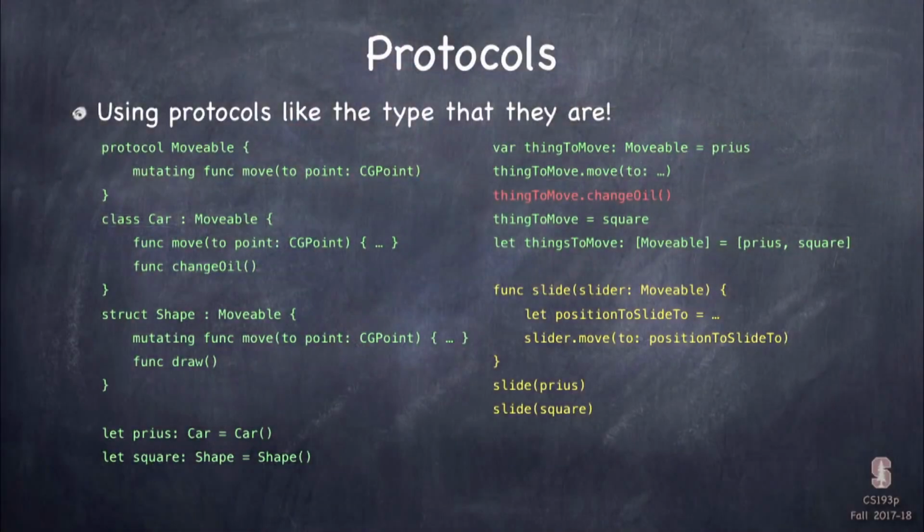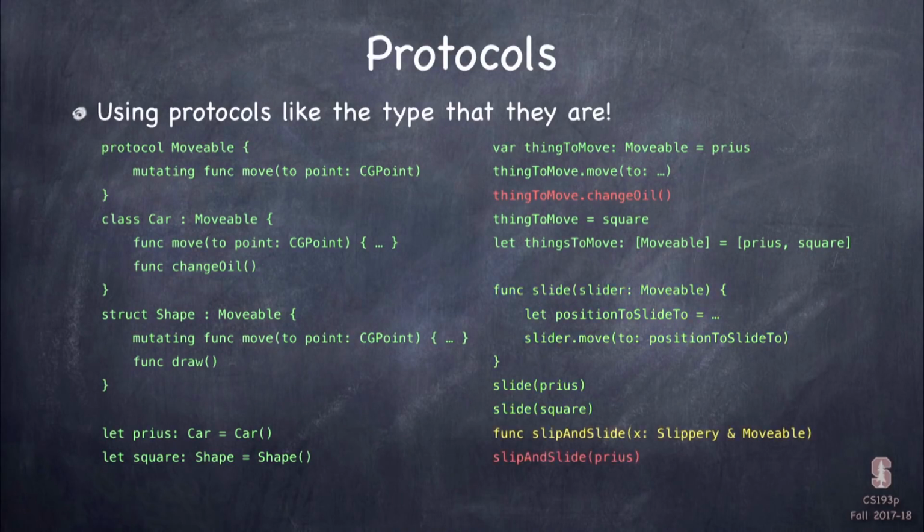But when it comes to actually executing the code, now Swift looks and says, oh, it's a car, so I'm going to use Car's moveTo. So Swift behind the scenes is doing it. But the whole reason that we're typing thingToMove to be of type Movable is because we're telling everyone who's reading our code, I'm just using this thing as a movable thing. I don't care that it's a car. My code works on anything that's movable. So I'm just communicating to people reading my code and to myself and all that. But Swift under the covers, of course, knows which moveTo to execute.